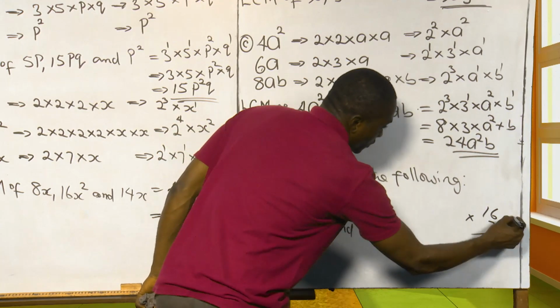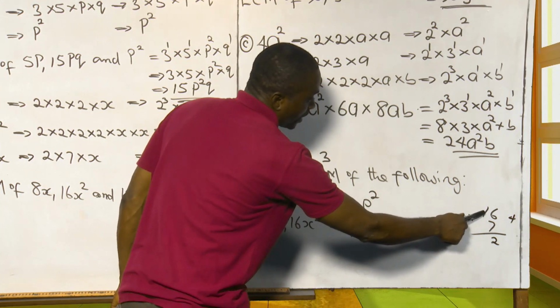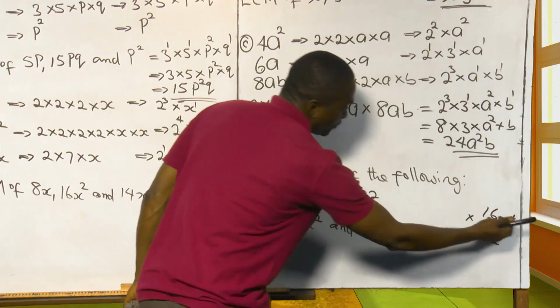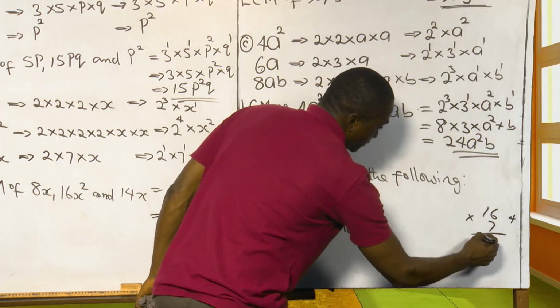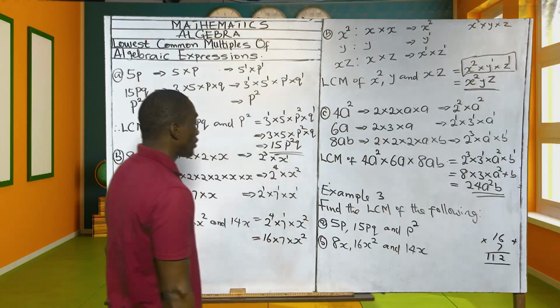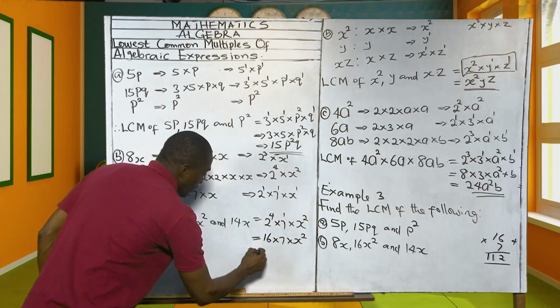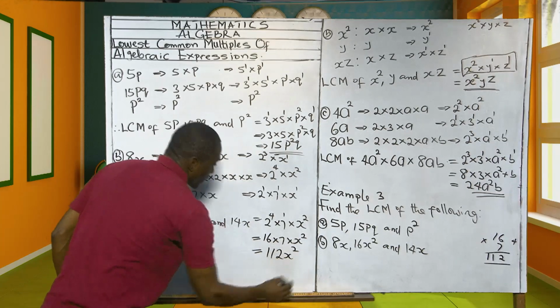We write 2, we keep 4, isn't it? 7 multiplied by 1 is 7. 7 plus 4 is 11. So which is 112. So we have 112x squared.